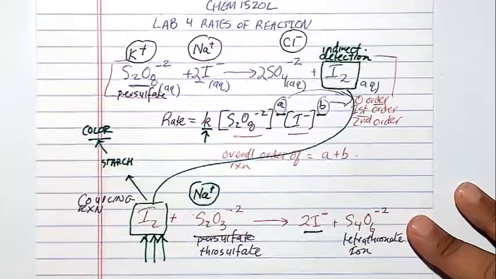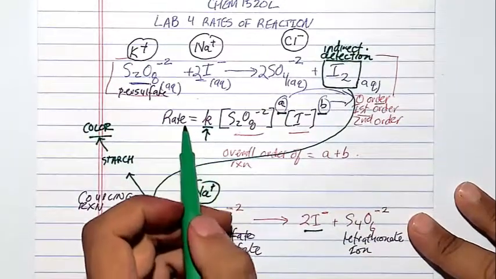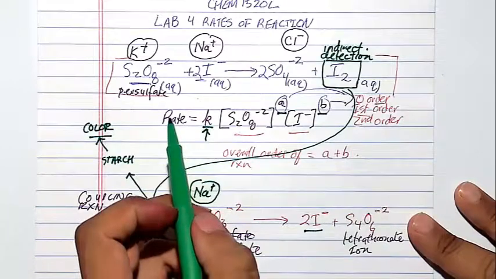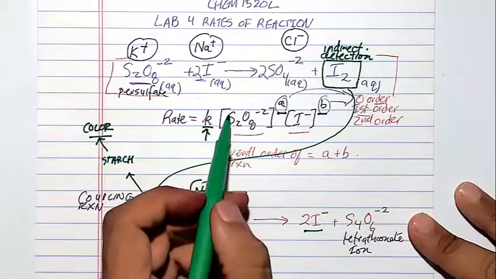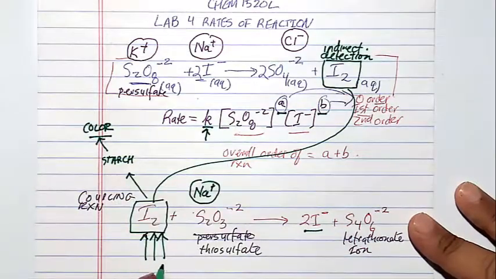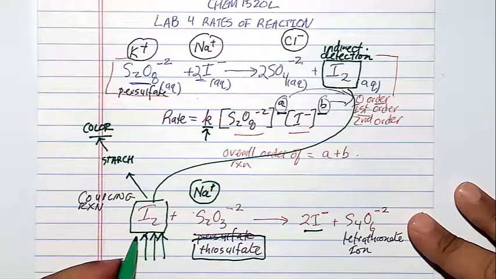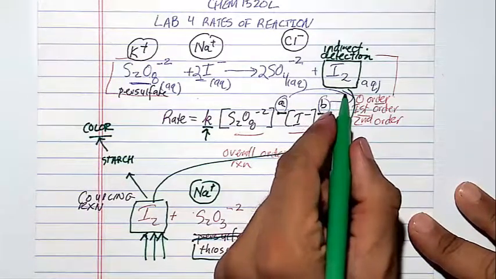So the indirect detection of this reaction, and in turn the indirect measurement of how fast this reaction proceeds, is really measured by how fast this thiosulfate disappears, which depends on how fast product I2 appears.